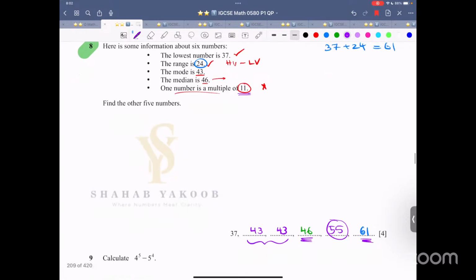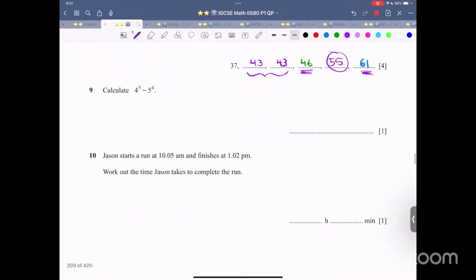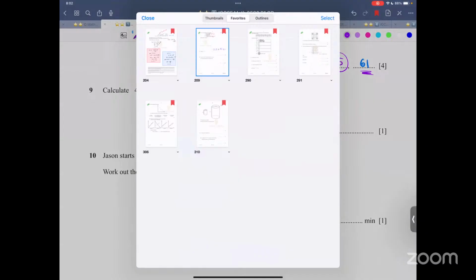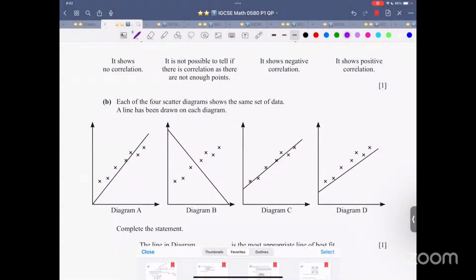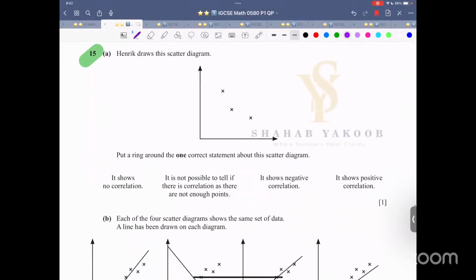Let's move on. Over here. Correlation. Yes, a lot of people ask questions about this thing. Hendrik draws this scatter diagram. And now it says, put a ring around one correct statement about the scatter diagram.